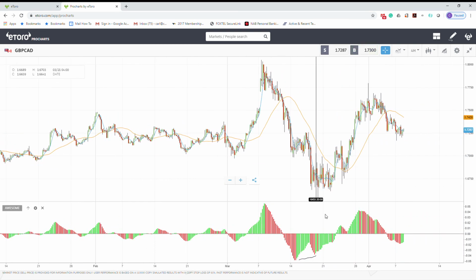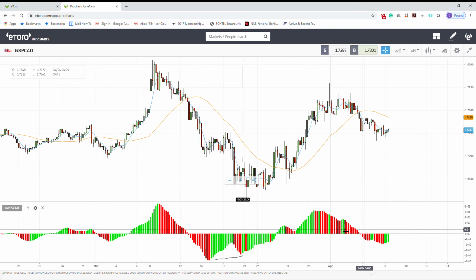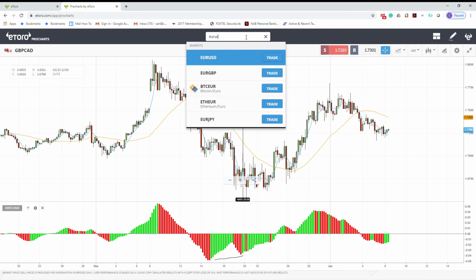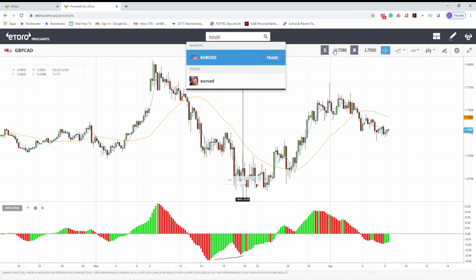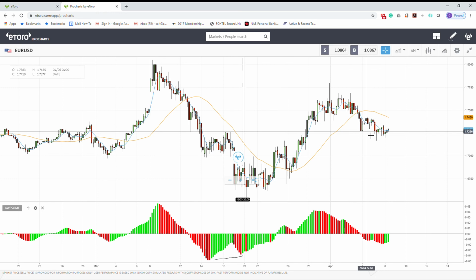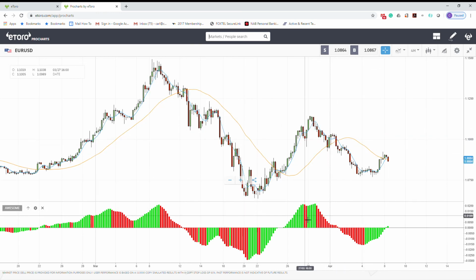As I said, it's very rare and not a great signal, but many people talk about it. Let me change this to Euro US dollar to see if we can find something similar.